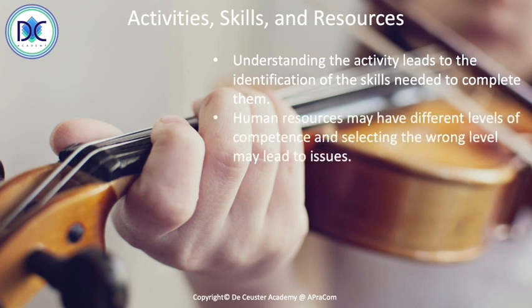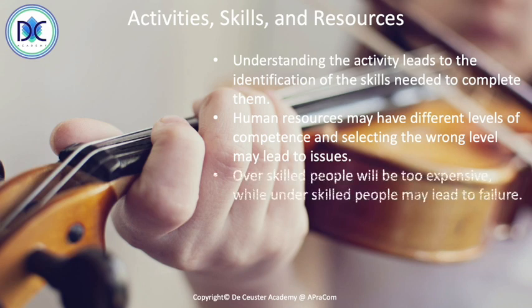Human resources may have different levels of competence. And when we select the wrong level of competence, we may have issues. Because people who are overqualified will not be efficient and effective in the work they're doing. And the same when people are underqualified, they may not have the skills to do the work.